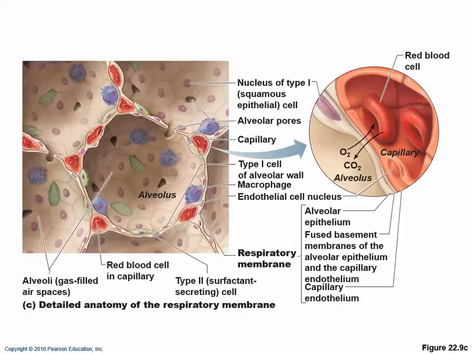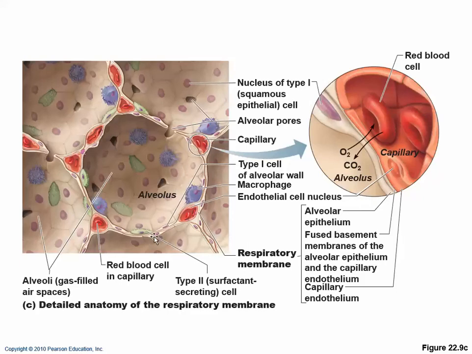So it's the third type of cell that's there. The macrophages are running around here. Now, the squamous epithelial cells here and the capillaries here form the respiratory membrane.